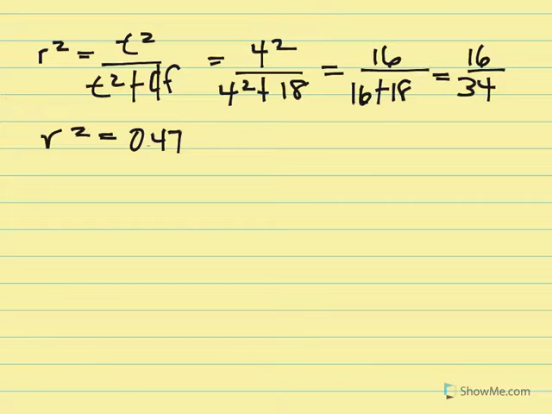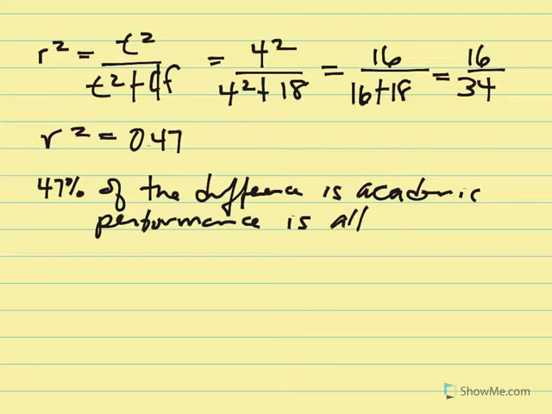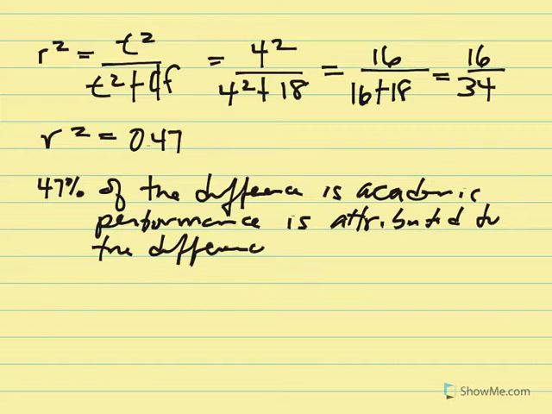We would then indicate that 47% of the difference in academic performance is attributed to the difference in TV viewing habits.